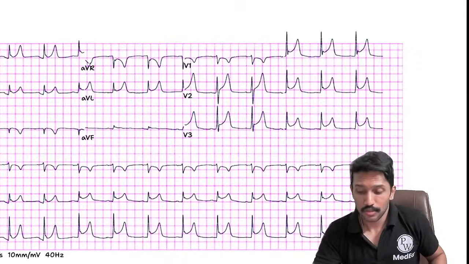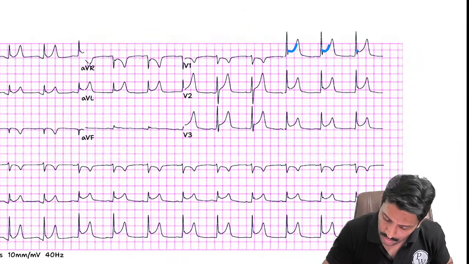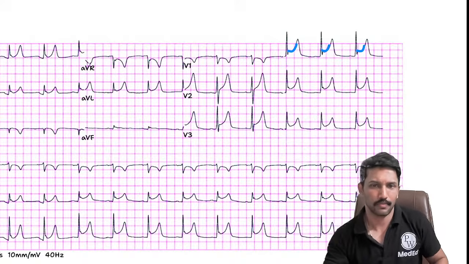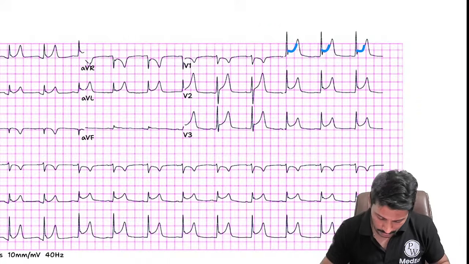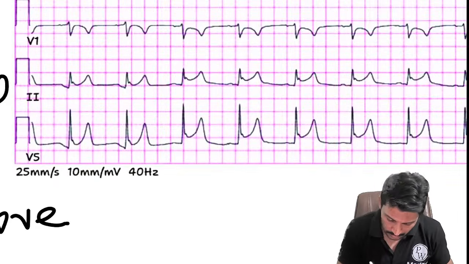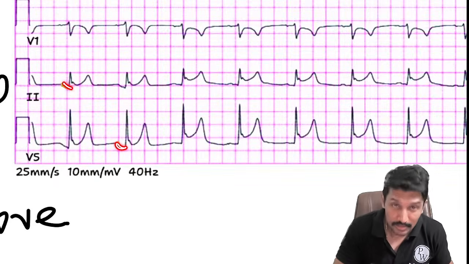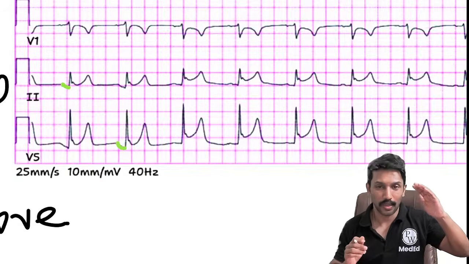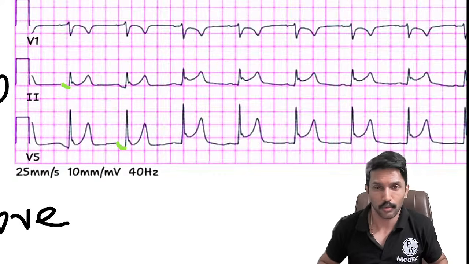When you see this ECG, you will notice that the ST segment is elevated, but it is concavely elevated. Okay. And let me pick a good lead to show you the PR segment depression. You can see it here. The PR segment is depressed. So concave ST elevation plus depressed PR segment, you are already thinking about acute pericarditis.